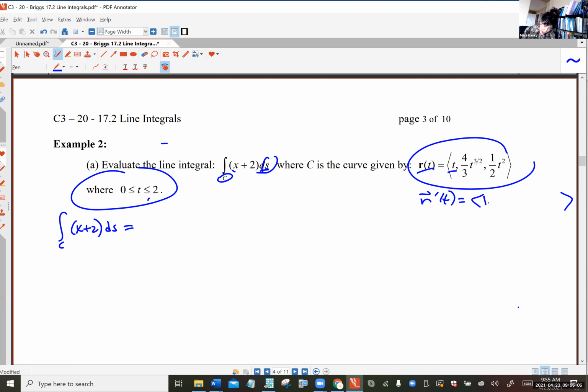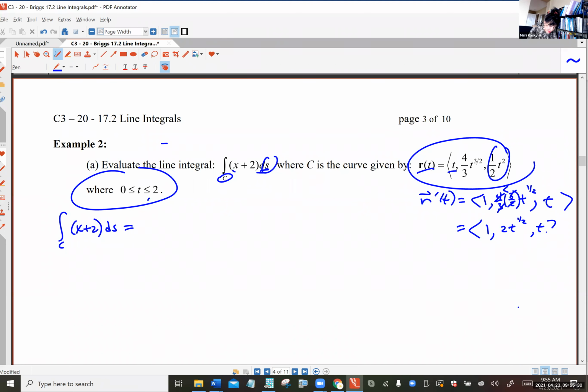Derivative of each component: 1, and then we have 4/3 times 3/2 t to the 3/2 take away 1, which I believe is a half, and then the derivative of 1/2 t squared, I think, is t. If I clean this up and reduce to lowest terms, I'm going to get 1, these 3's cancel, 2t to the half, t.